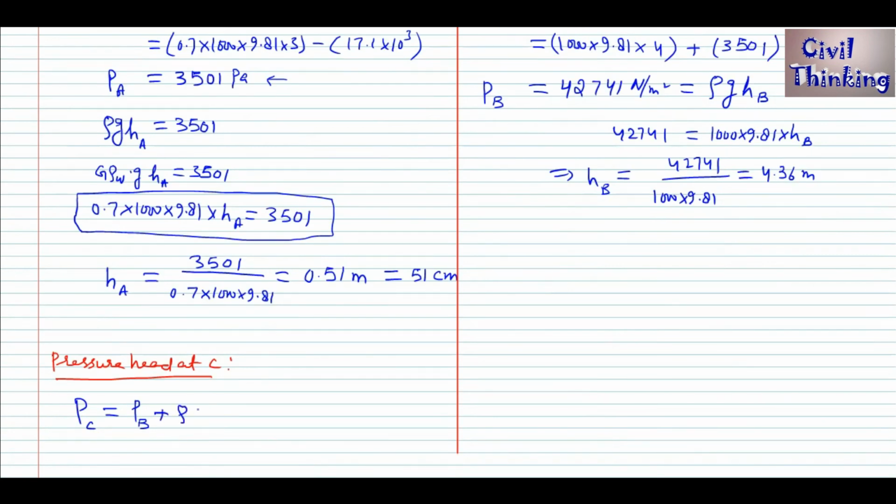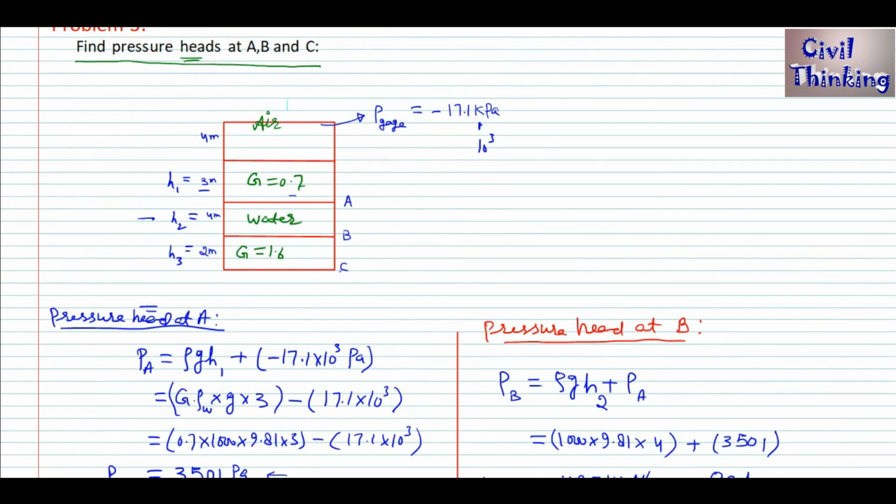See how I find it. We have to find the pressure at C, which is due to the height of the fluid above it. The fluid is not water, it is an unknown fluid whose specific gravity is 1.6. We have to find the pressure at C due to the height of this fluid up to the B point.